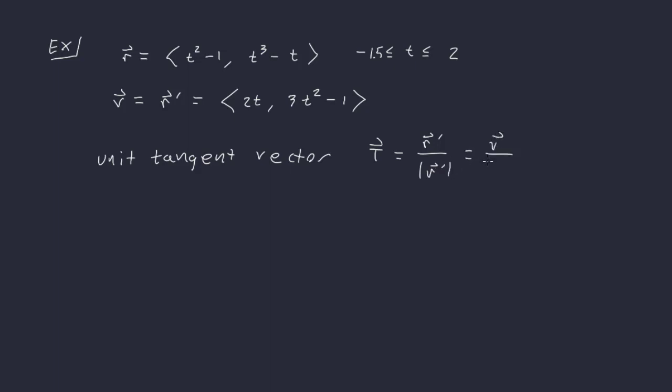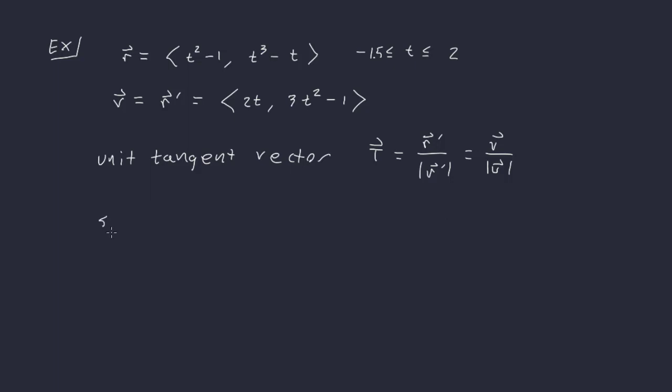Or you could say it's v over the magnitude of v. So all this is the unit vector in the direction of v, and so what T does is it basically just gives us the direction that the object is traveling in, without the magnitude or without the velocity.